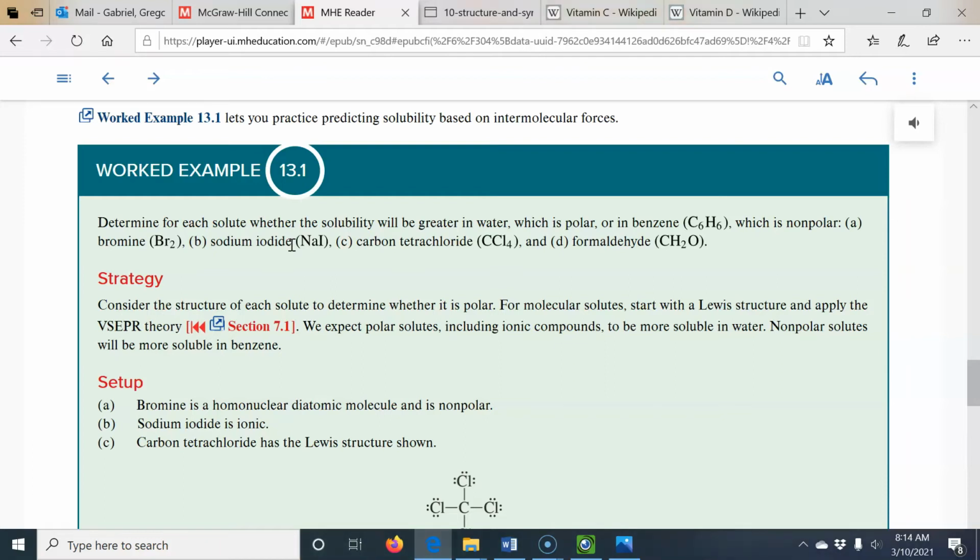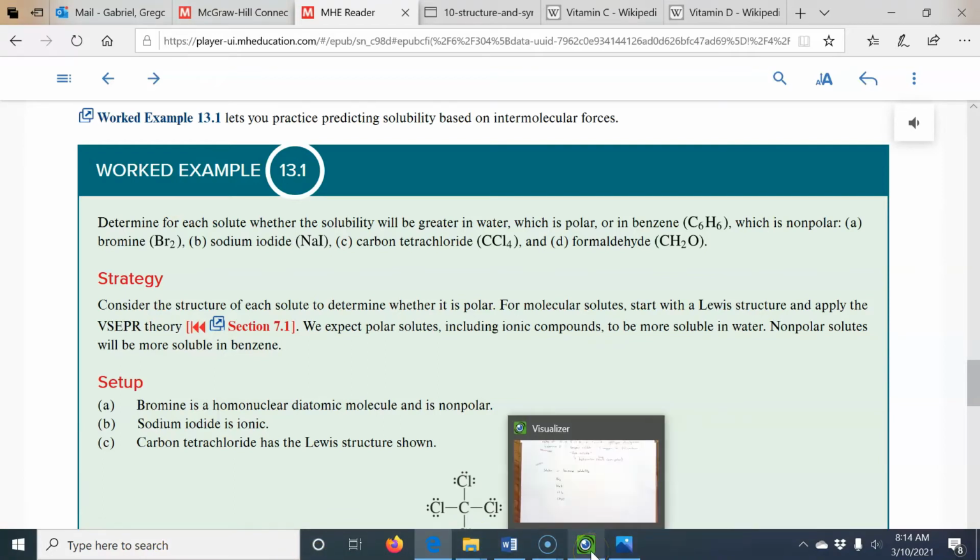We have bromine, Br2, sodium iodide, carbon tetrachloride, and formaldehyde. We'll have to know the Lewis structure for that.